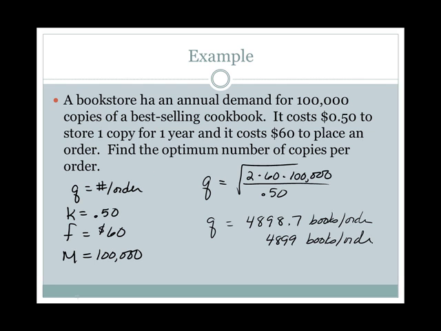And if we have a total need of 100,000, that gives us 20 full orders, but we need an extra partial order, so 21 total orders is what we would end up placing.